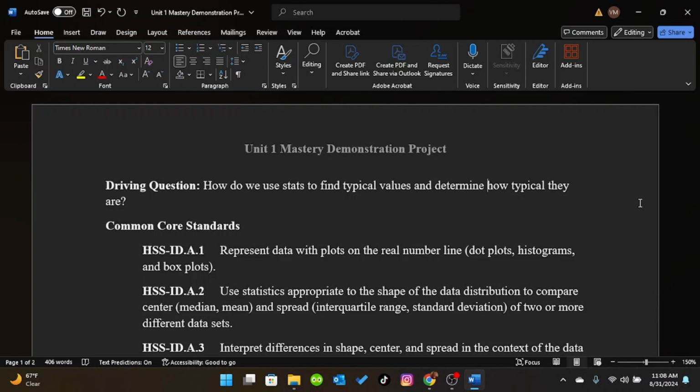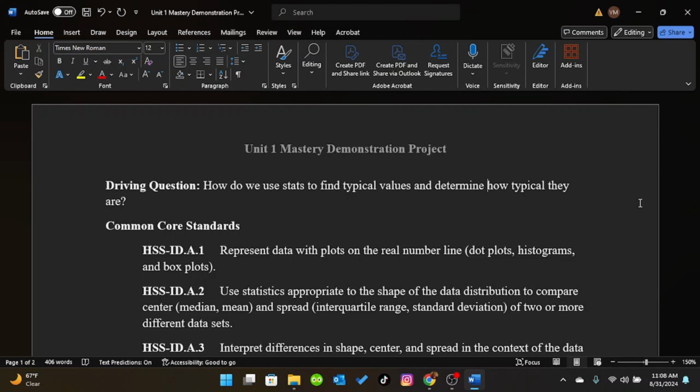So what's going to happen is each unit or each half unit, you are going to be given a group project. And in this group project, I will explain what the Common Core standards are that you should have mastered in that unit or half unit.